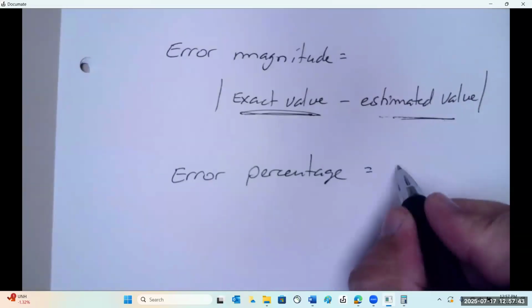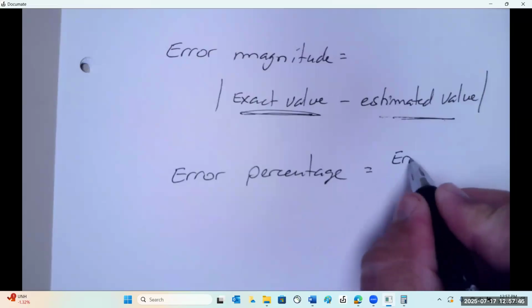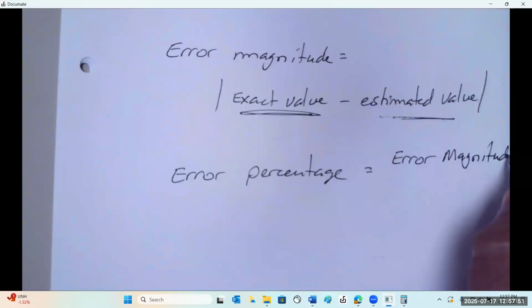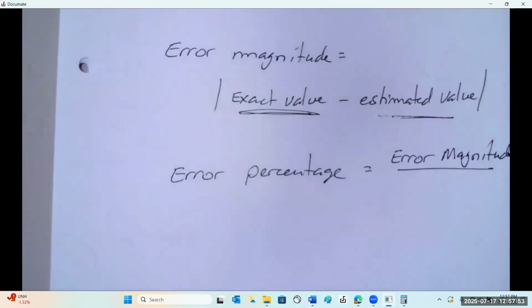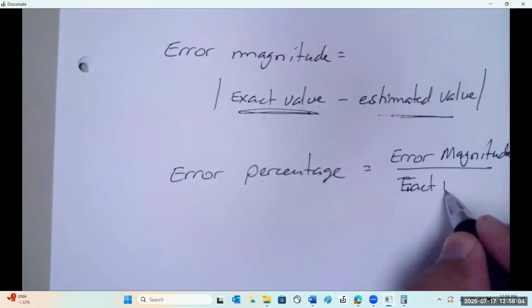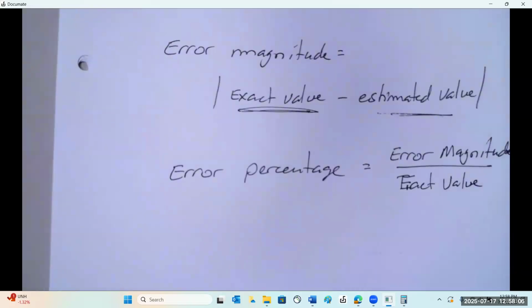Your error percentage is your error magnitude divided by the exact value, or the true value. So we're looking at the error percentages as a ratio. How far is your difference away from the true value?